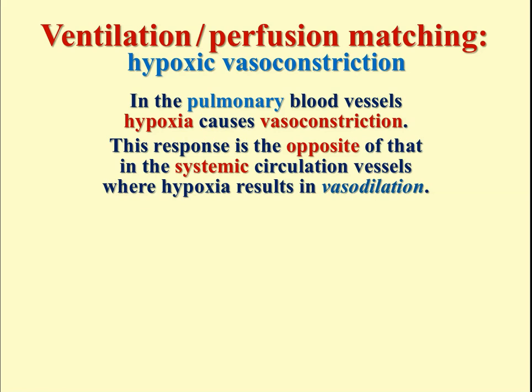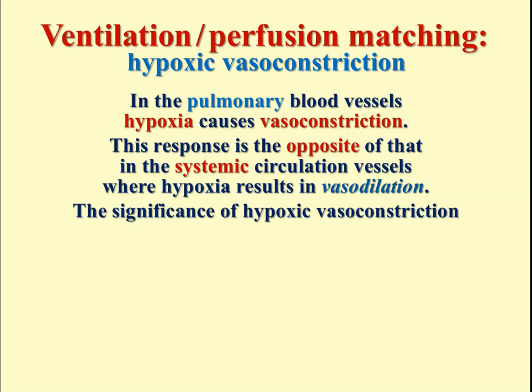If you remember these two words together, hypoxic vasoconstriction, you will always be able to answer what happens in case of decreased oxygen, decreased ventilation, and increased CO2 in alveolar air. The vessels of the lungs become constricted.